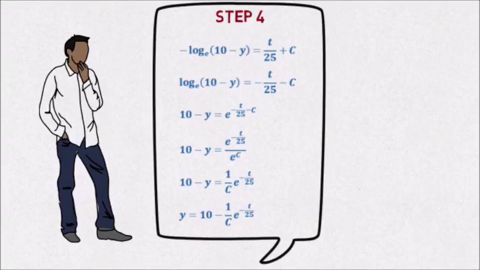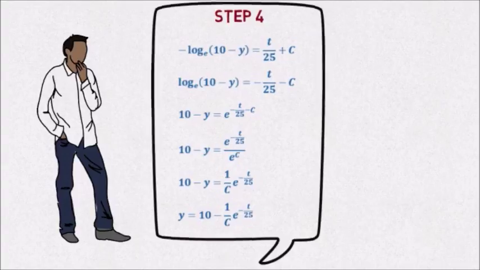And at the end of the equation, we will get y equals 10 minus 1 over c exponential negative t over 25.